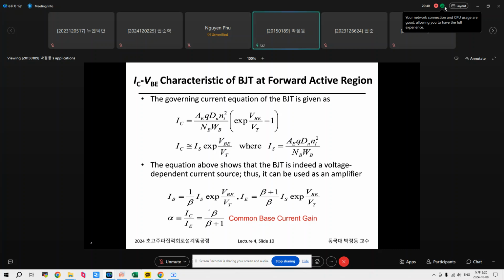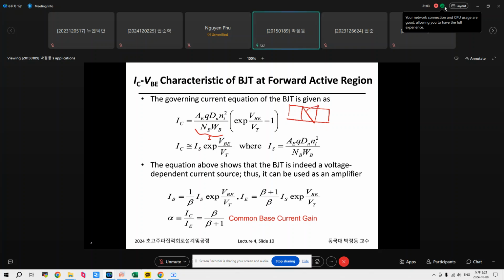As I said before, the governing equation of the BJT is given by this. This is IS. Again, if you take a look at the BJT, the minority carrier distribution is this.